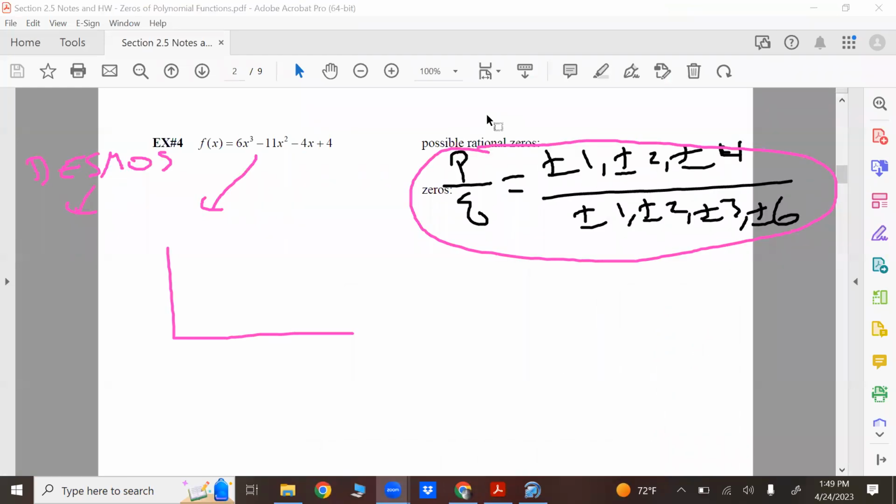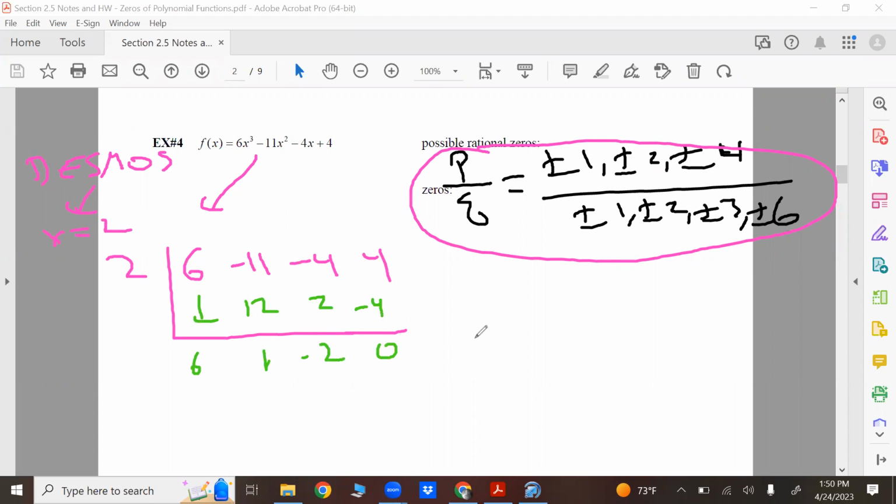Okay, so the 2 on the outside. 6. Bring it down. 12. 2, -2, -4, 0. Boom. Very nice.